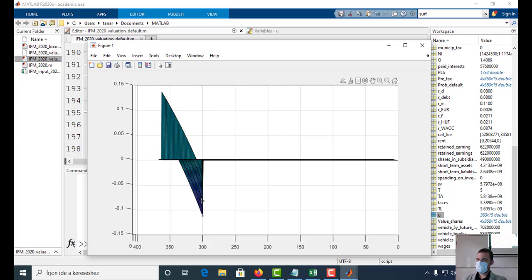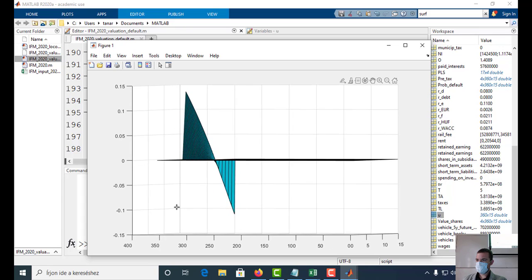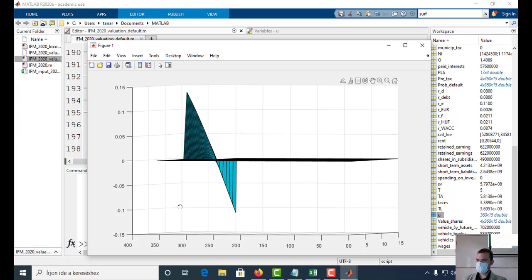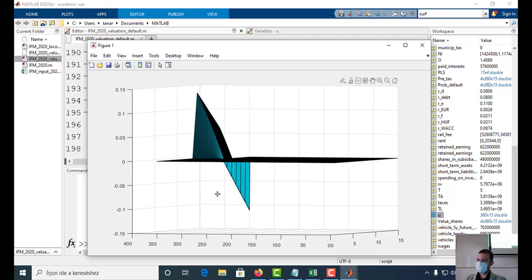So when euro appreciates, then actually it's good for profitability. Sorry, this is the right angle, so we can see that it's nearly a linear function, what is happening with this appreciation, but it's nearly linear because we see that there are interest rates in it.